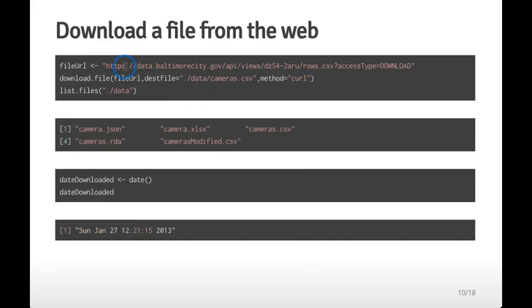This is a secure connection to this website, and Macintosh does not support download.file with the defaults for HTTPS websites. You should be able to leave method equals curl off if you're on a Windows machine, and you should be able to download this file. But on a Macintosh, you'll need to include it. If this was just HTTP and not HTTPS, both Macintosh and Windows work fine with the defaults for download.file.